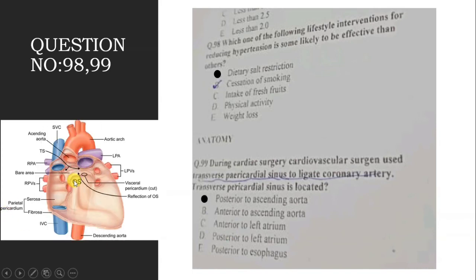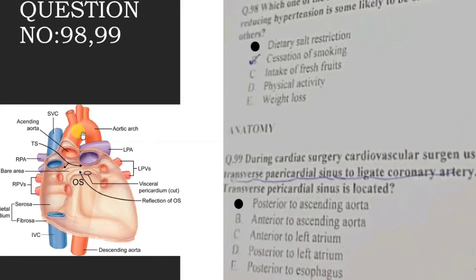I have a figure here; you can see that this is the posterior surface of the heart. You can see this is the transverse pericardial sinus. These sinuses are formed by the reflection of the visceral pericardium onto the parietal pericardium. This is the transverse pericardial sinus, and this is the oblique pericardial sinus.